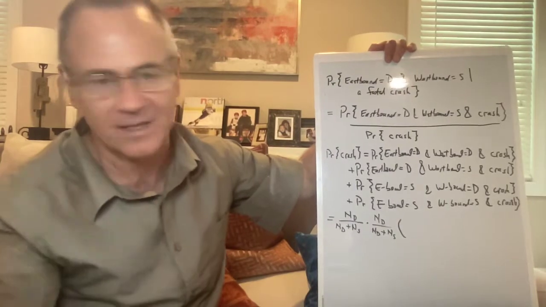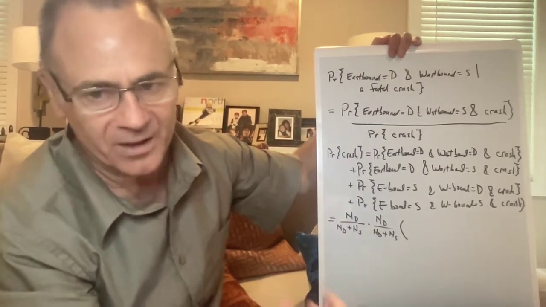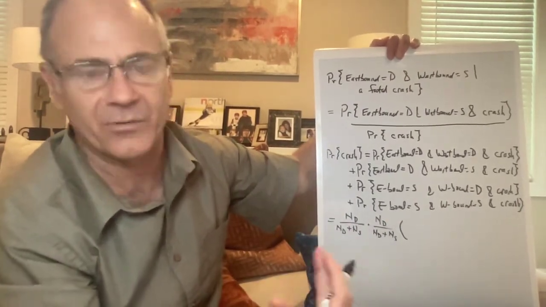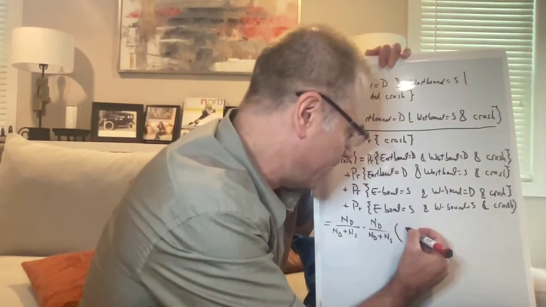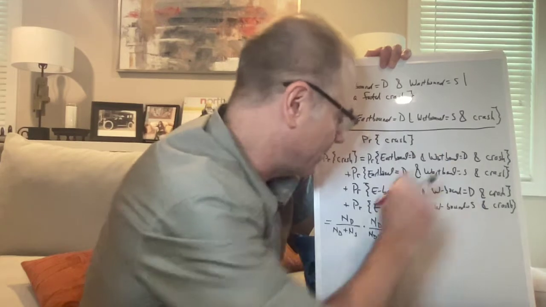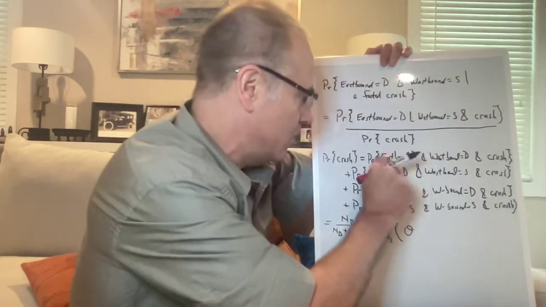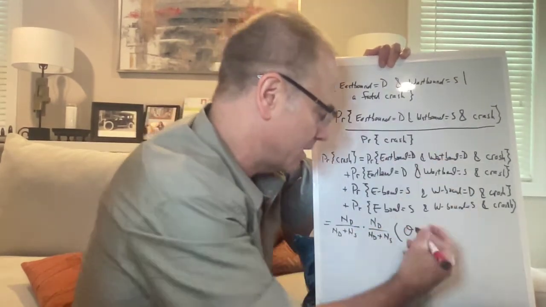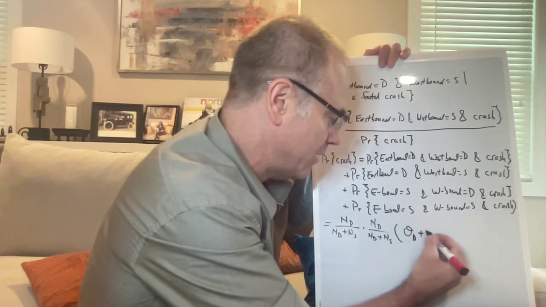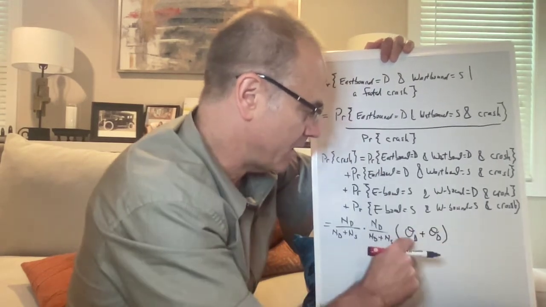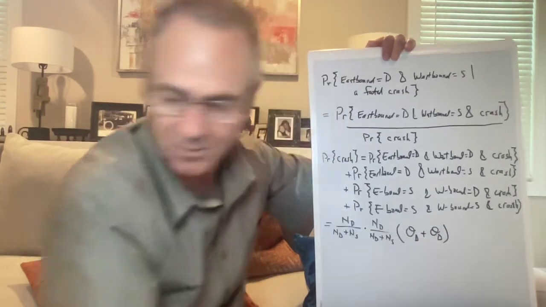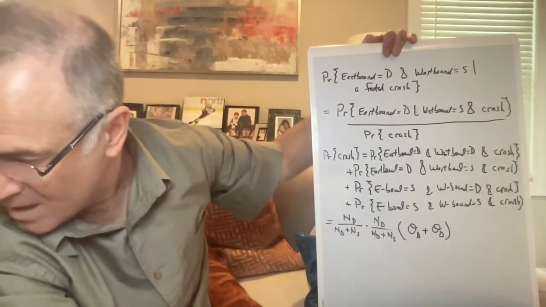Remember Levitt and Porter said that's something on 1 in 100 billion or 1 in a quadrillion. So we're going to ignore that term. The probability that they crash, given that we know eastbound's drunk, westbound's drunk, just equals theta D plus theta D. So it's probability eastbound driver makes a mistake plus probability westbound driver makes a mistake.